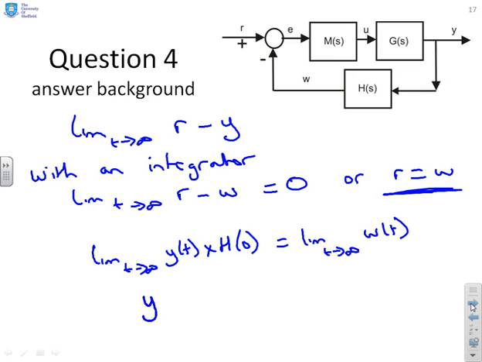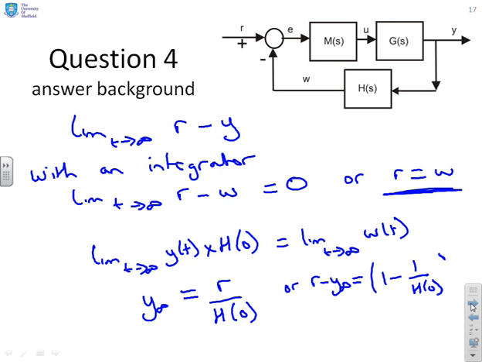It gives us the value we're interested in, I'll call it y_infinity for convenience, equals r/H(0), or r - y_infinity = (1 - 1/H(0)) r. So this is our offset term if there's an integrator and the loop is stable.